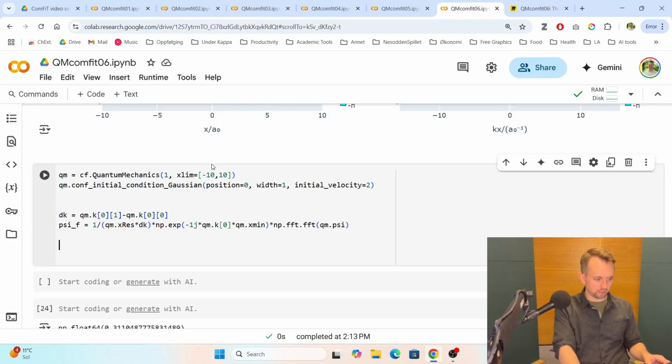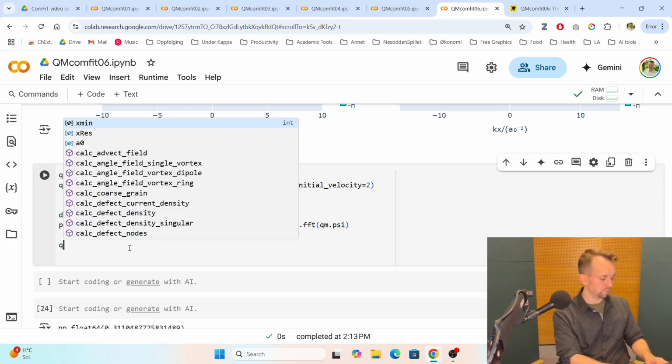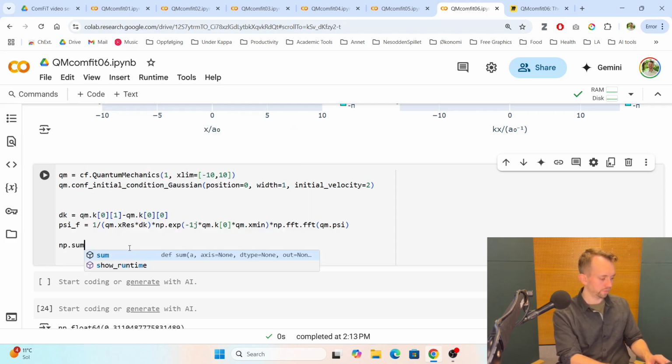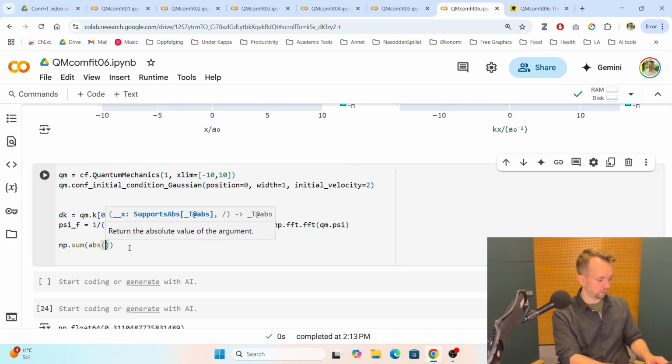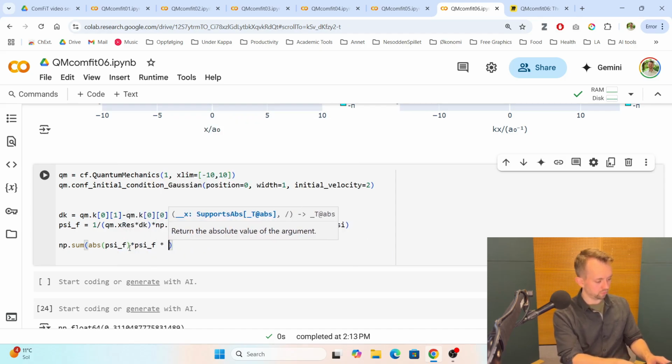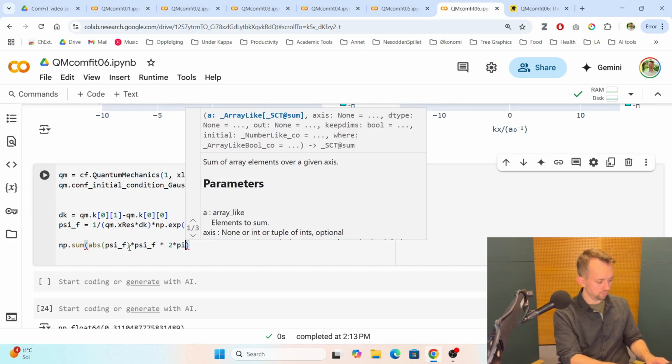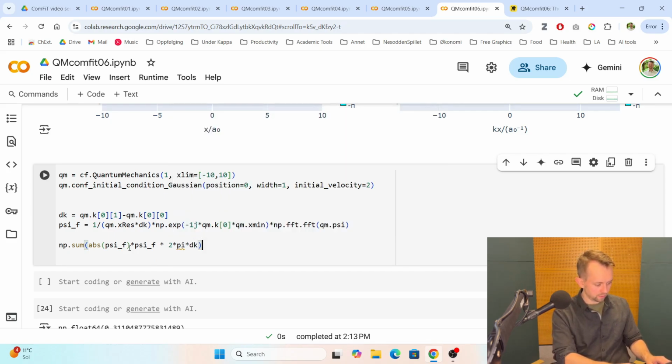And obviously we can do this quite easily. We just integrate the whole thing. np.sum. This is the Riemann sum integration. Abs of psi f multiplied by psi f. And then we need to multiply by 2 pi dk.